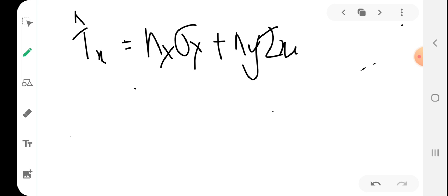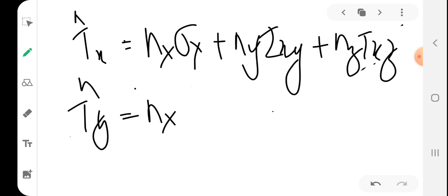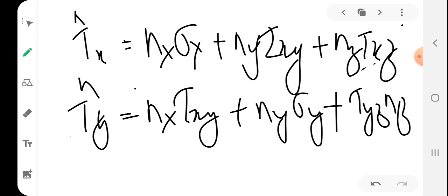Tx is actually nx into sigma x plus ny into tau xy, plus nz into tau xz. So this is the method to write. This is Cauchy's equation. Ty is nothing but nx into tau xy plus ny into sigma y plus tau yz into nz.